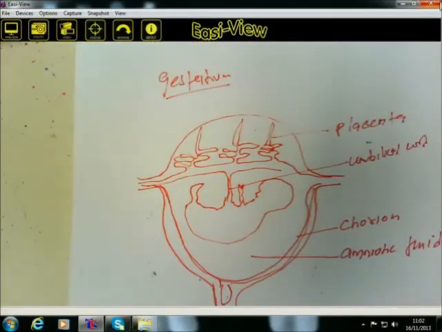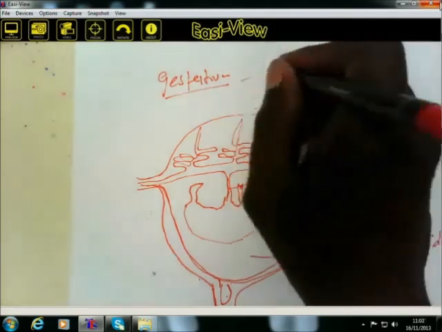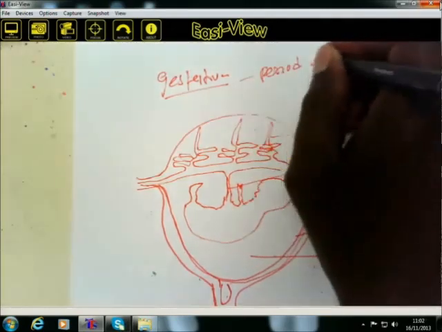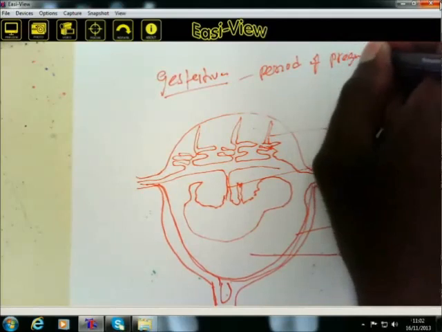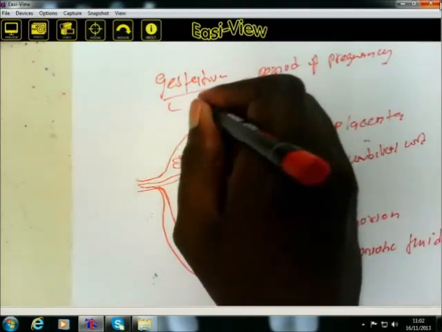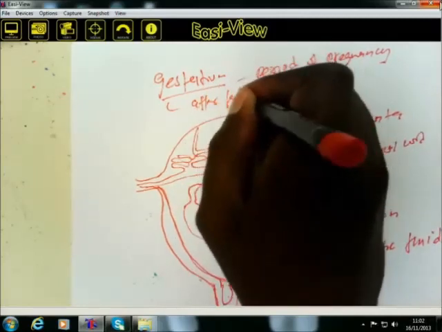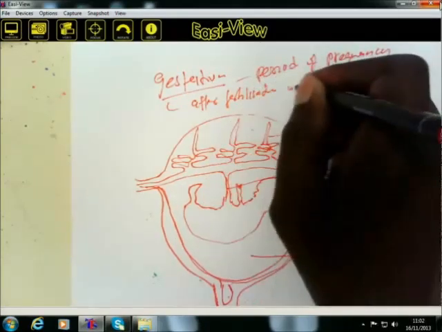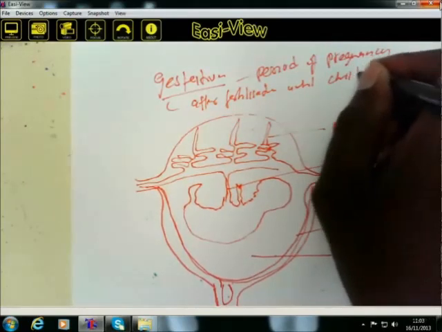When the question says, give the correct biological term for the period after fertilization until the baby is born, it is a period of pregnancy, a period after fertilization until childbirth.